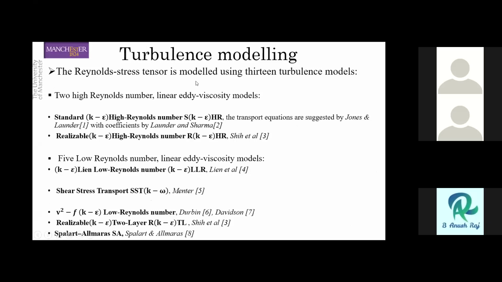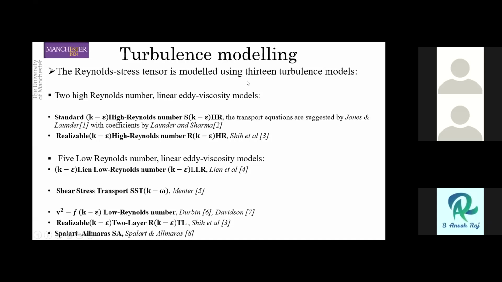In this study, a wide range of turbulence models has been employed in order to model the term which I mentioned in the Navier-Stokes equation, which is the Reynolds stresses.